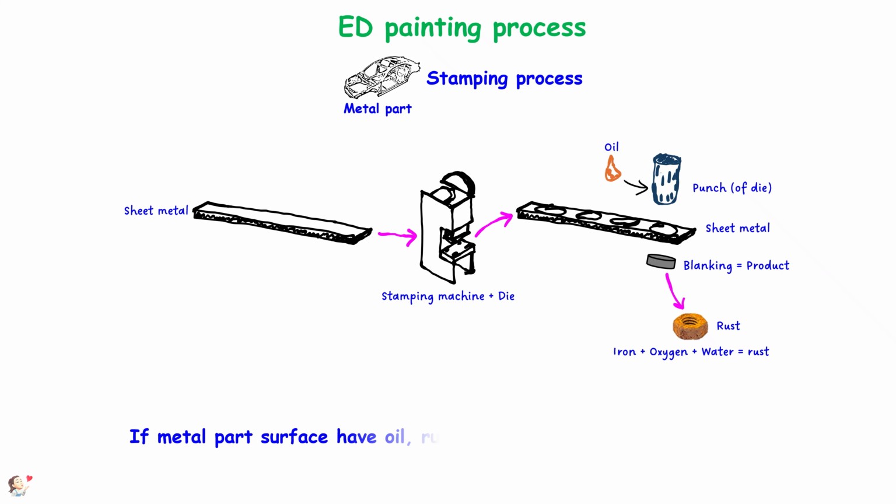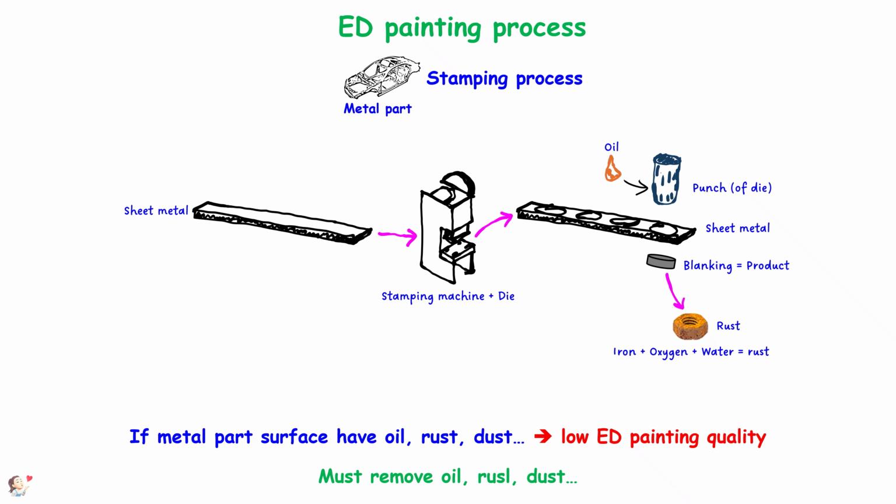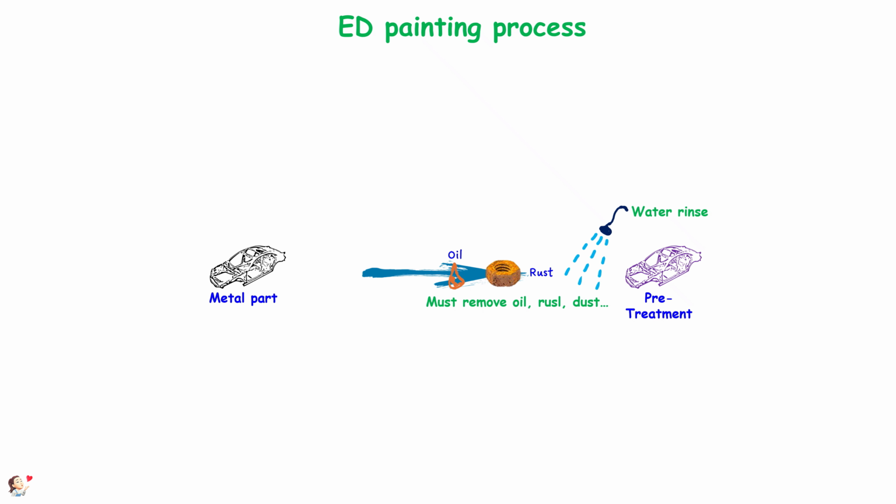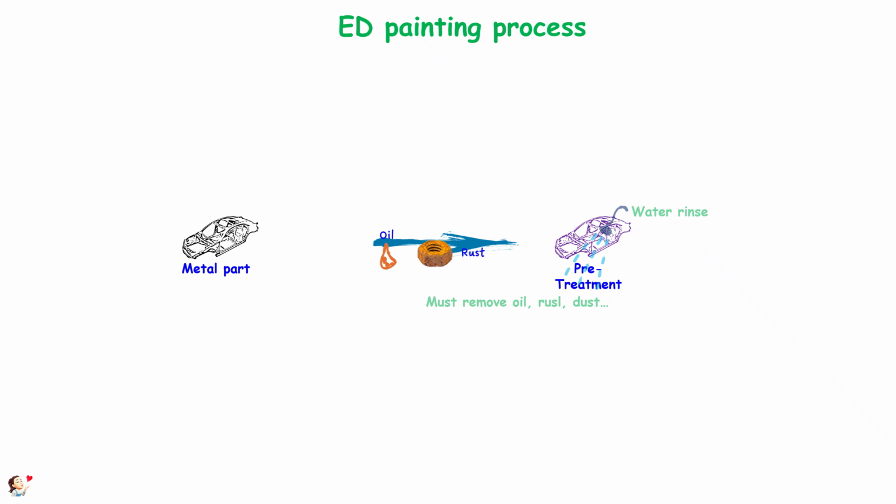If the metal part surface has oil, rust, or dust, it will result in low ED painting quality. To ensure high quality, oil, rust, and dust must be removed. To perform this cleaning, the first step in the ED painting process is the water rinse, established in the pre-treatment step to remove oil, rust, and dust.